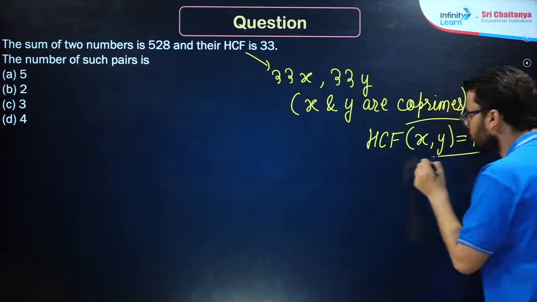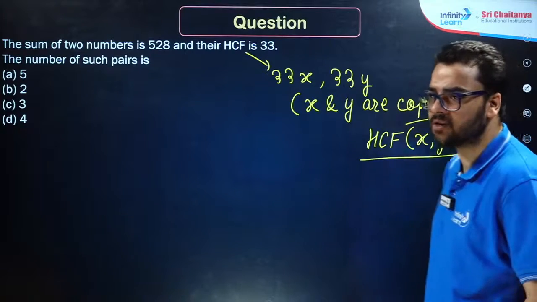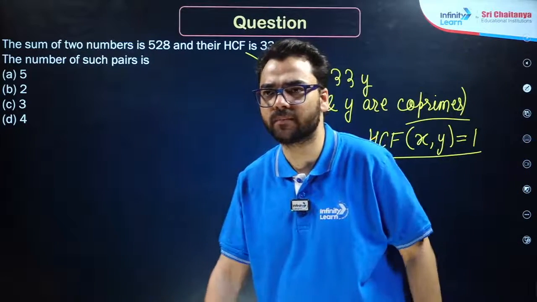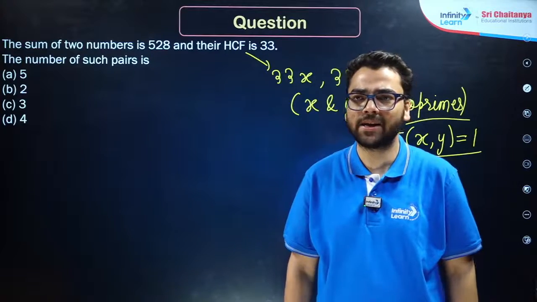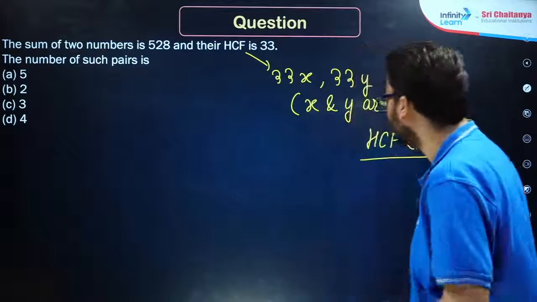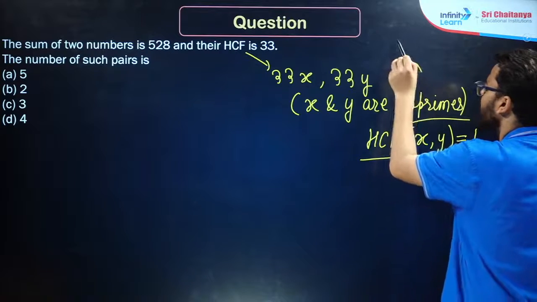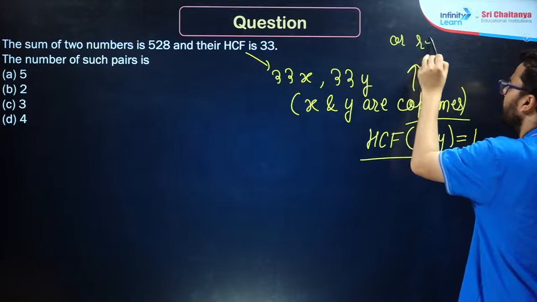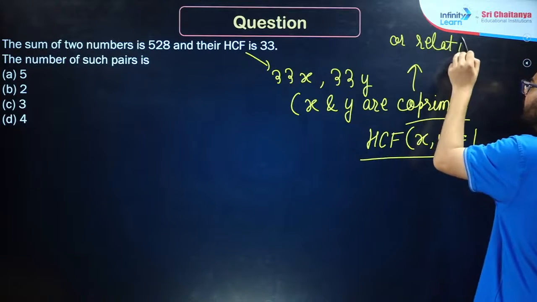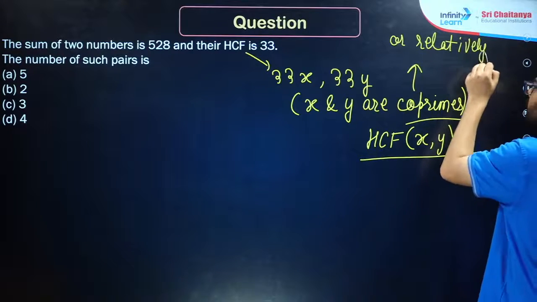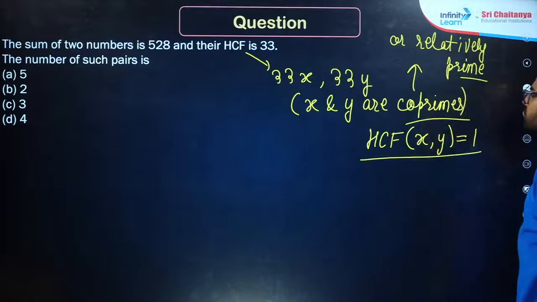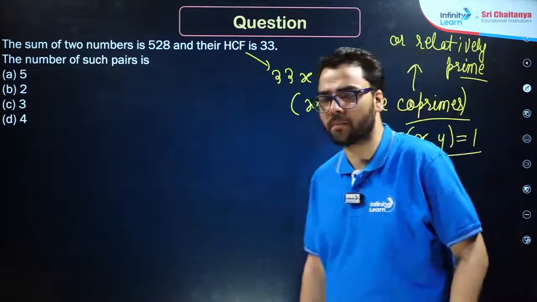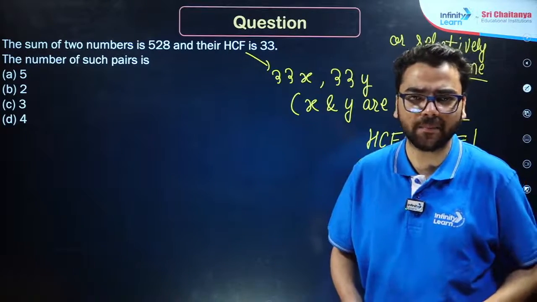If it is written that two numbers are co-primes, it means their HCF is 1. Co-primes, or you can say relatively prime. Two numbers whose HCF is 1 are known as co-prime numbers or relatively prime numbers.